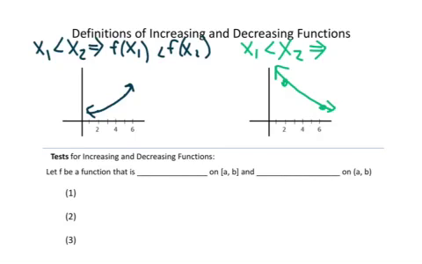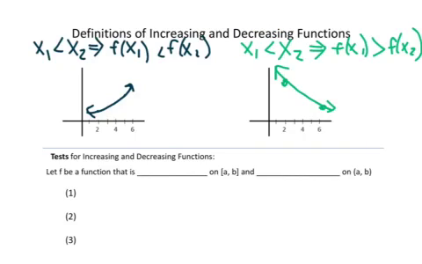So decreasing is whenever the output of x1 is greater than the output of x2. So that's just the formal definitions of increasing versus decreasing.